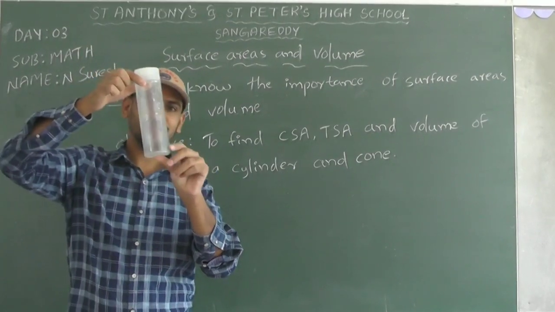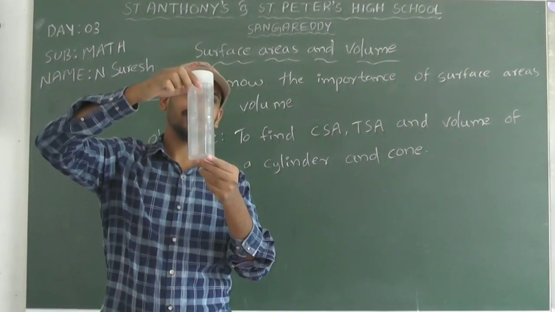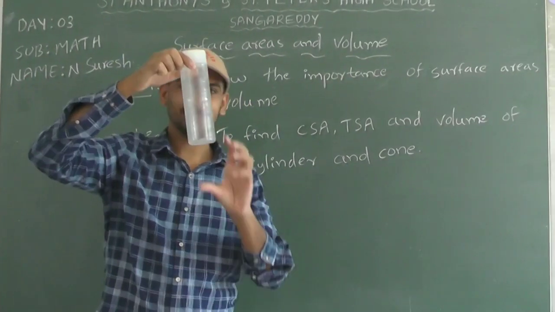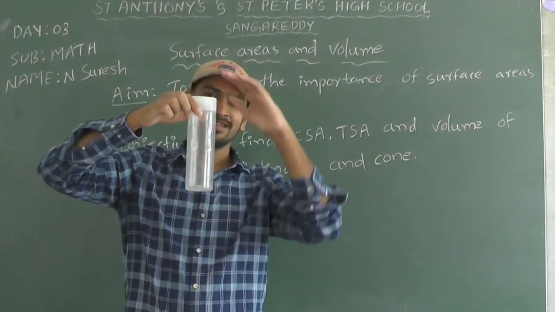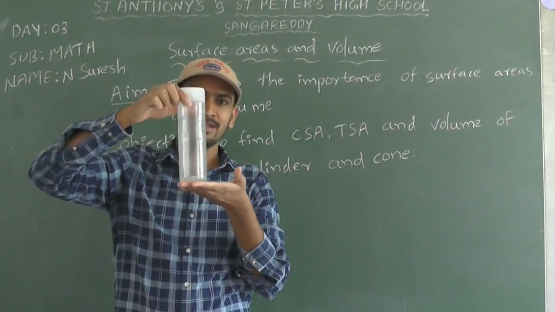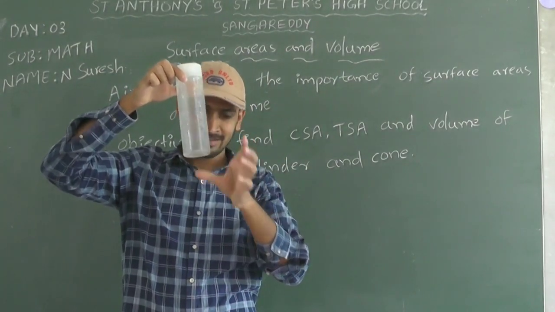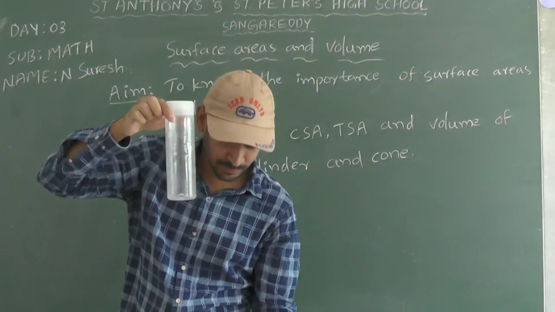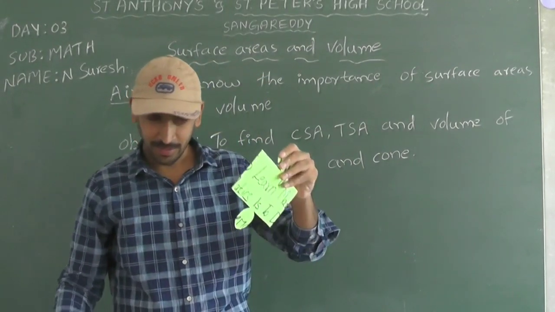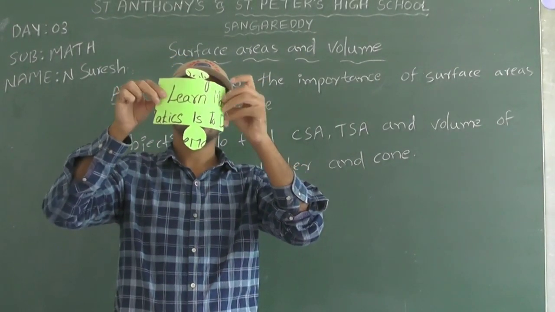This is the best example for the cylinder. So a cylinder is a circular prism. In a prism, the area of the top and the area of the base are coincident; the base coincides with the top. So this is the net diagram of the cylinder.